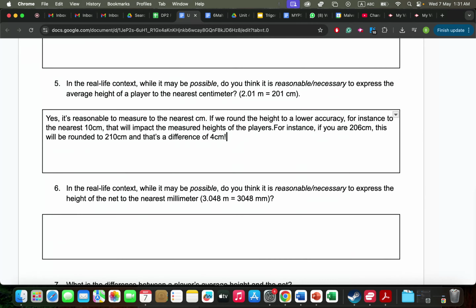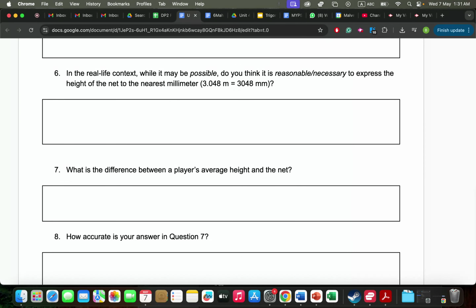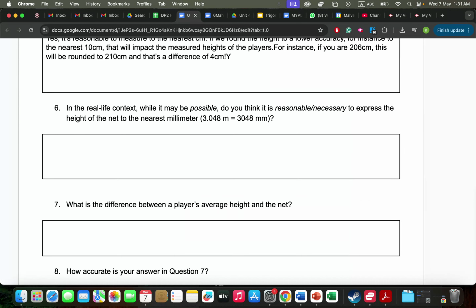Okay, question 6, let's look at this. It says, in the real life context, while it may be possible, do you think it's reasonable to express the height to the nearest millimeter? Yeah, I think it is possible.